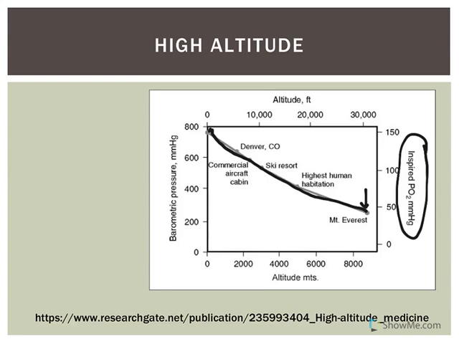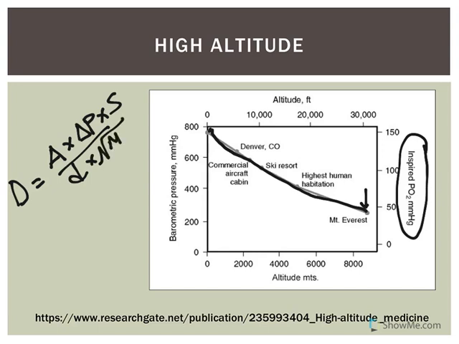So if we look again at that equation, what we're going to be affecting is this. When you go to a higher altitude, the partial pressure of oxygen will decrease.